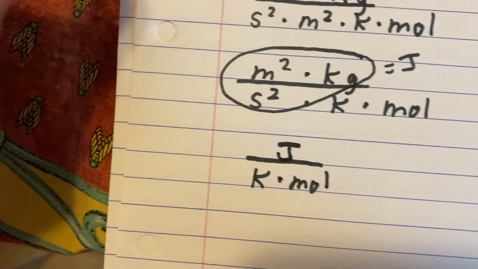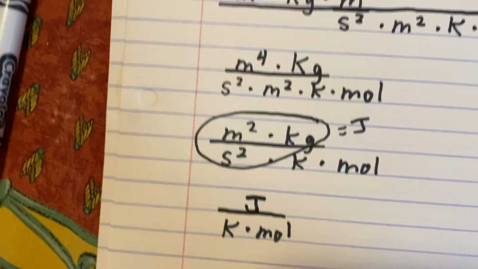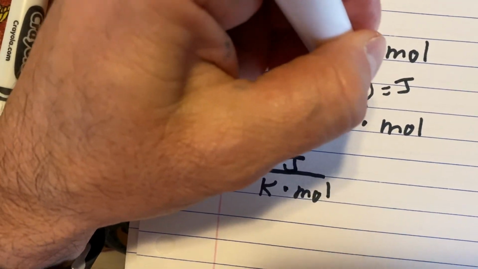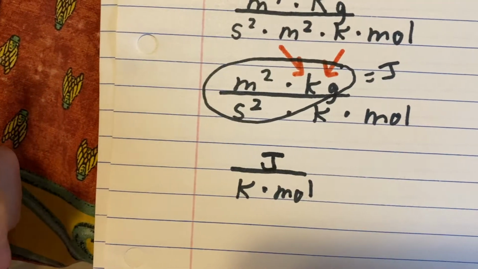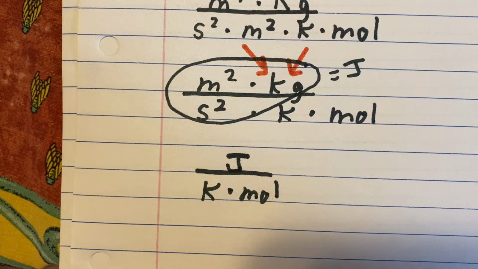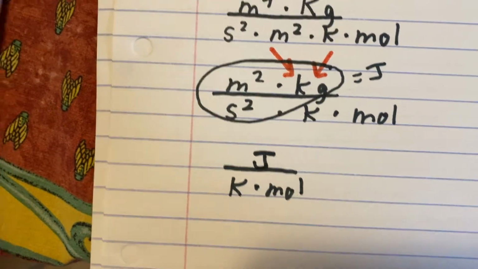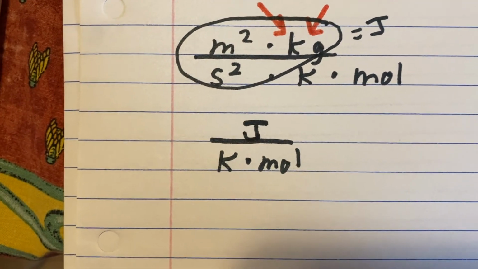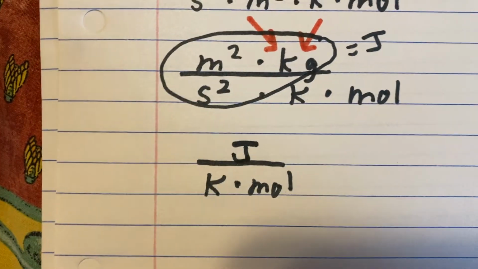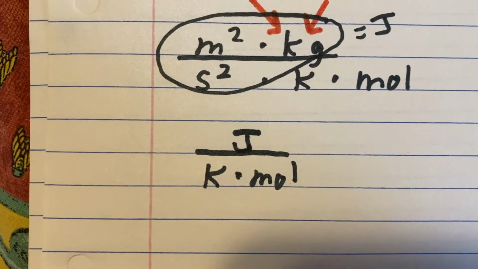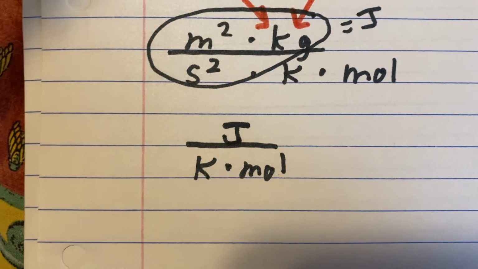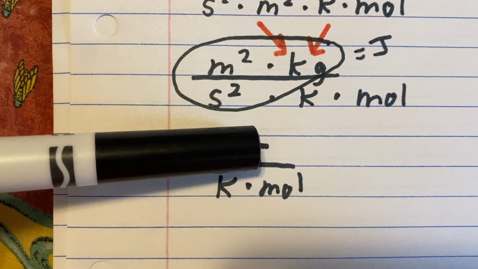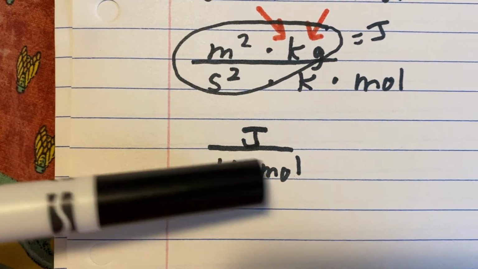Now here's the thing here, guys. You see this right here? I need you to recognize that, because that's what's really going to be a pain in the butt. So they rearrange it like this so that we don't have to do the dimensional analysis every single time. So the second gas constant that we're going to be using is in the units of joules per Kelvin mole.